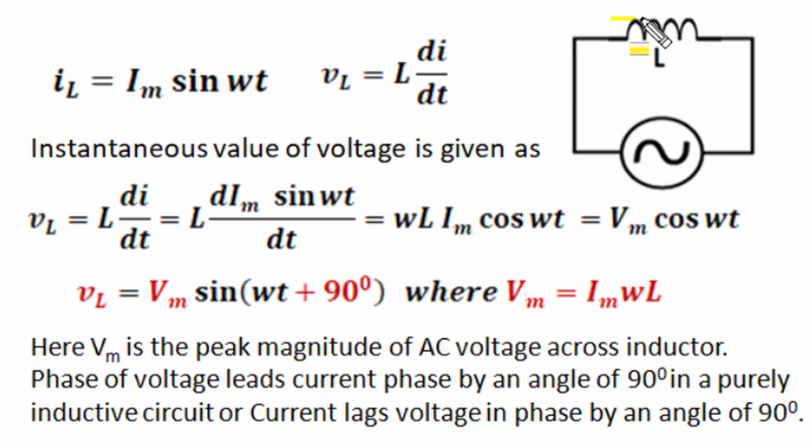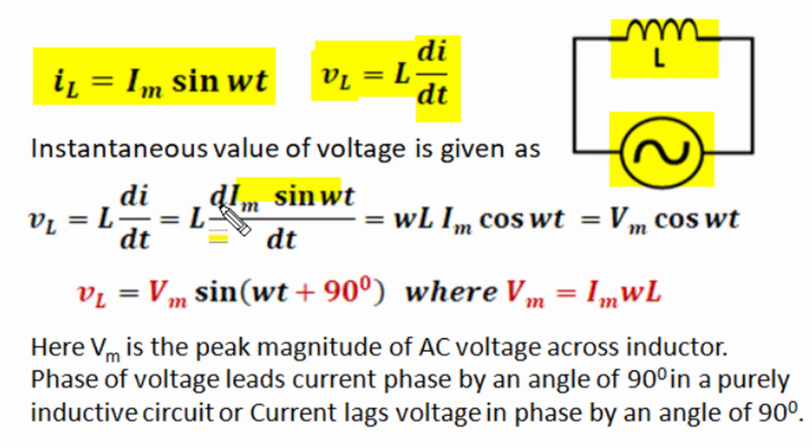So in this inductor of L Henry, the applied voltage across the inductor is directly proportional to the time rate of change of current, and VL is L di by dt. In place of this time varying alternating current we can write the standard reference sinusoidal alternating current expression I equal to Im sin omega t, and when this is differentiated, Im being constant comes out of differentiation, and differentiation of sin omega t is omega cos omega t.